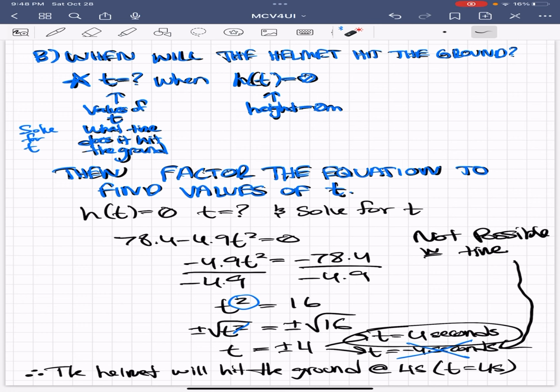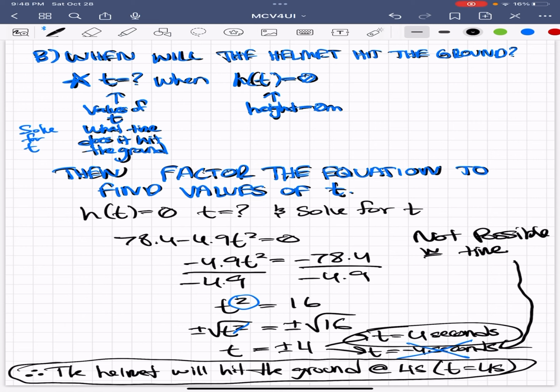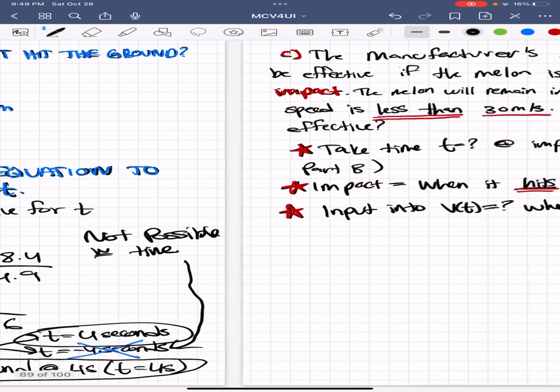So the helmet will hit the ground at 4 seconds, t equals 4 seconds, and that's our answer.